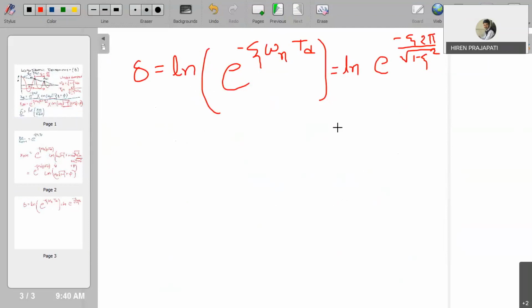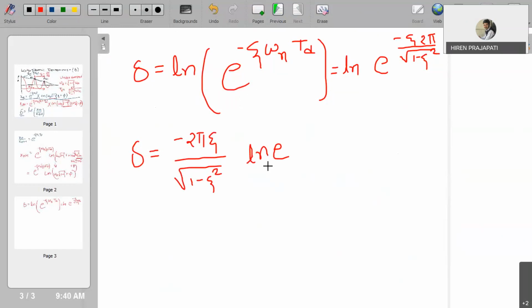Now if you take this term, the power of e, down, then delta is equal to minus 2 pi zeta by square root 1 minus zeta square, times ln e, right.